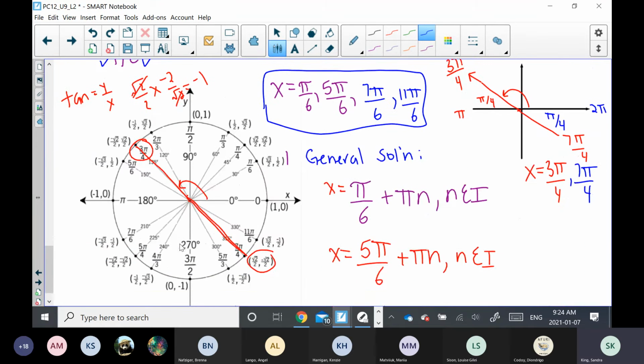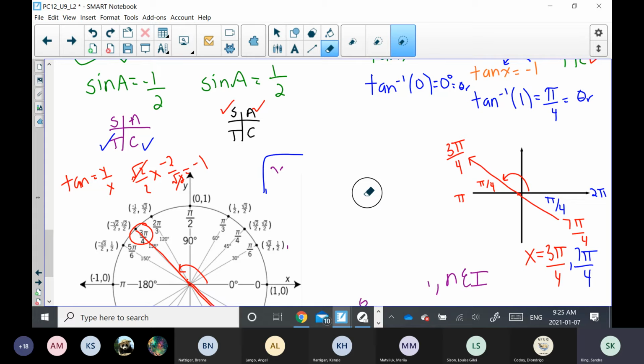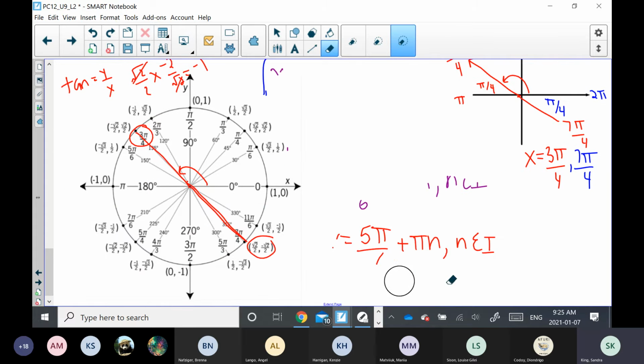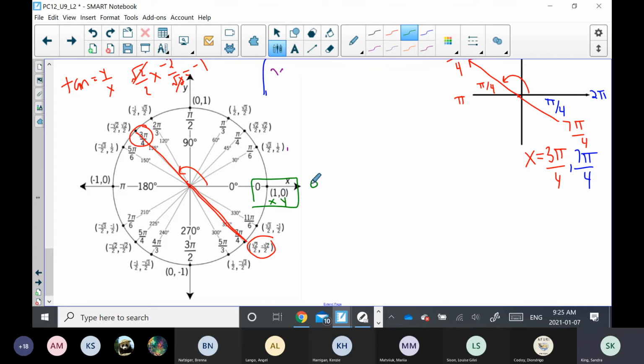Okay, if I go back to my unit circle, we're looking for where tan is 0. So let me just clean this up for you guys. Okay, so 0 degrees is right here. Tan is y over x. 0 over 1 is equal to 0.